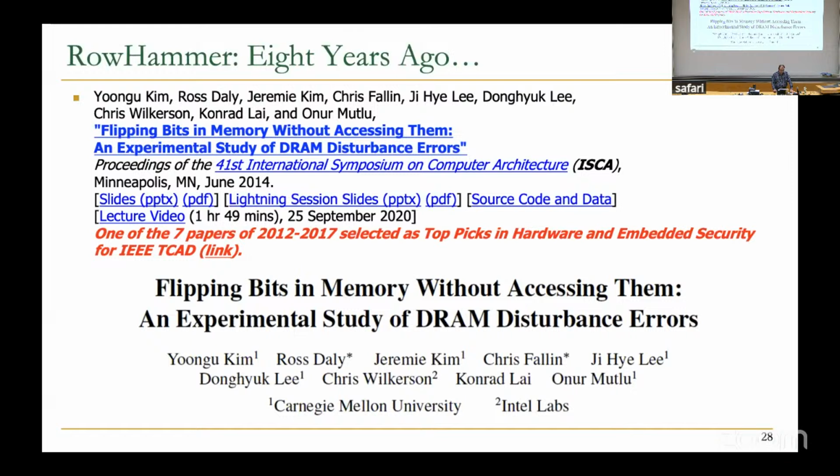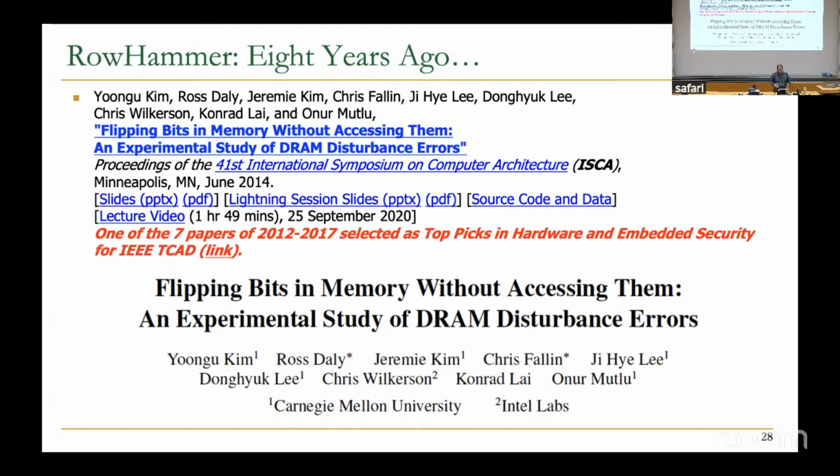And this RowHammer study was the first paper that we published in this area, where we show that by opening and closing, or activating and deactivating, a DRAM row multiple times, or let's say fast enough, you can cause errors in adjacent or neighboring rows in DRAM.